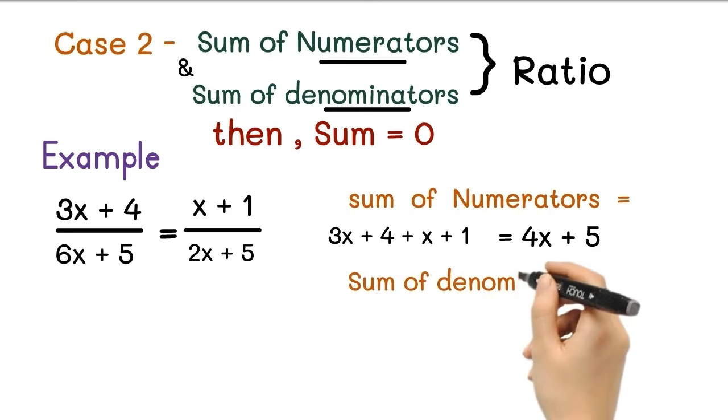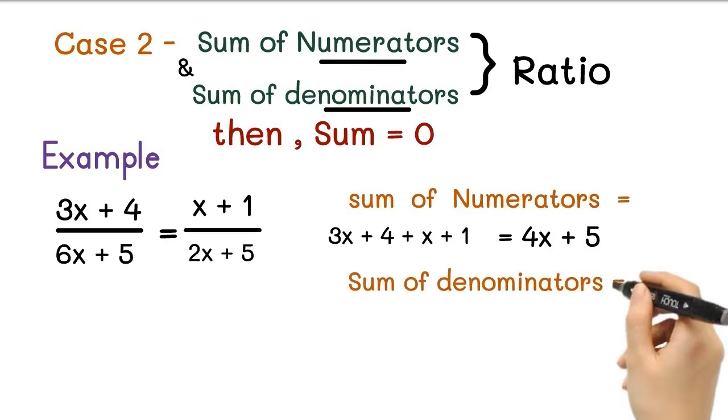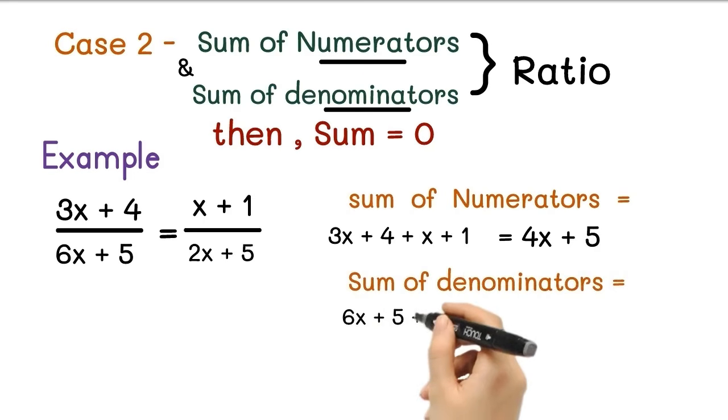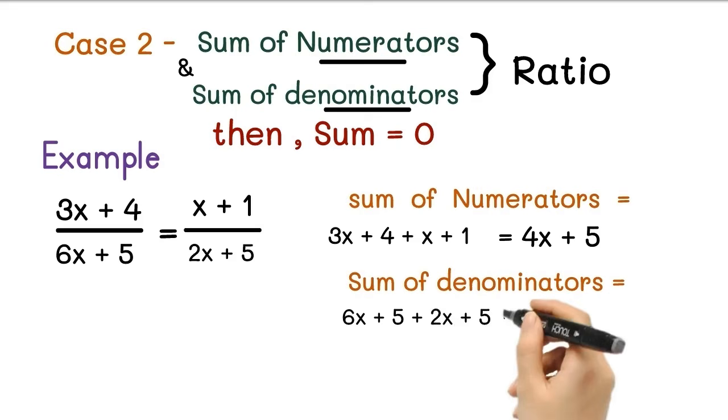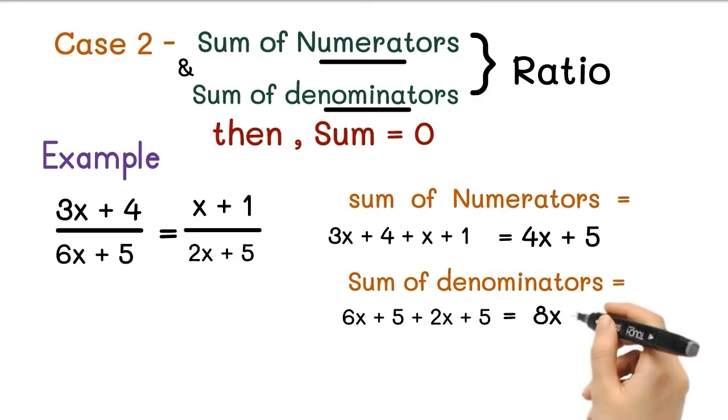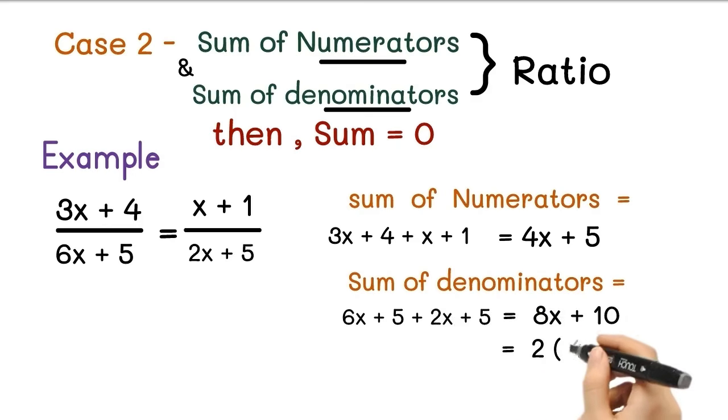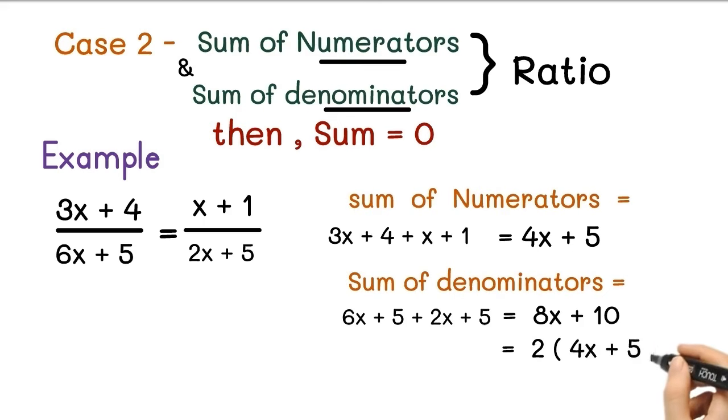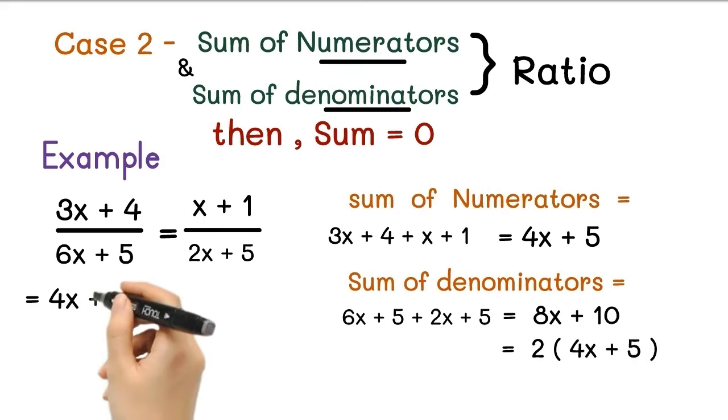Similarly, sum of denominators equals 6x plus 5 plus 2x plus 5, which is 8x plus 10. Here you can see 2 is a common factor. So we'll get 2 in bracket 4x plus 5.